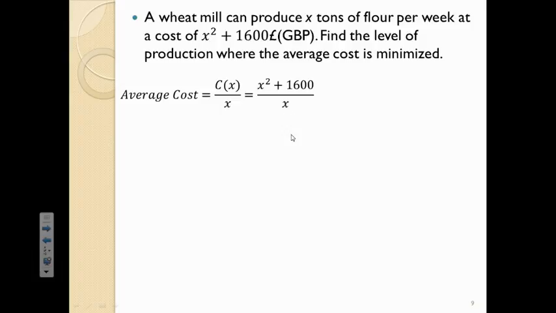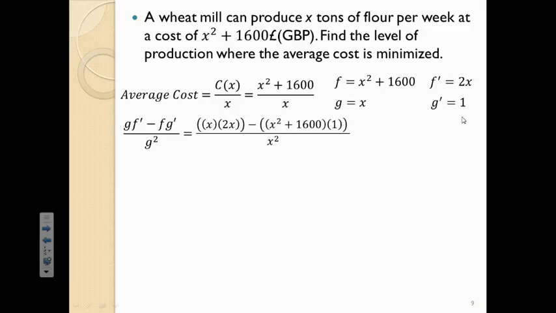Now, to find the average cost minimization, we find the derivative of this and set it equal to 0 and solve. Well, this is, again, the quotient rule. One function divided by another function. So we identify our f and our g, we find f prime and g prime, and we put it into our formula.